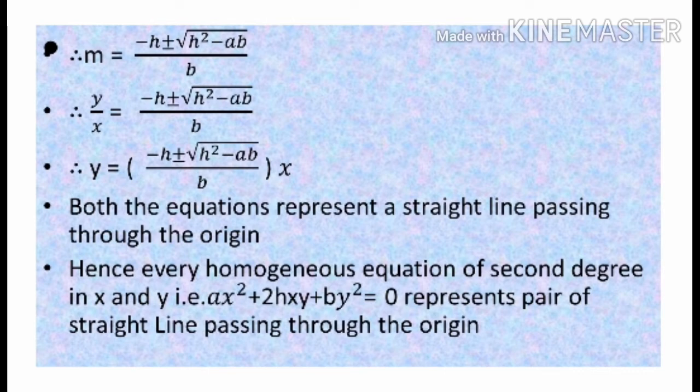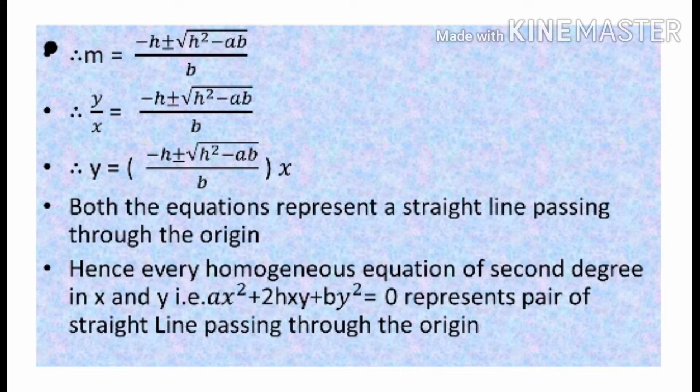Therefore when h² − ab = 0, both the lines are same, that is their slopes are same, and we know that if slopes of the lines are equal, then the lines are parallel or coincident. Therefore if h² − ab = 0, the lines are parallel or coincident.